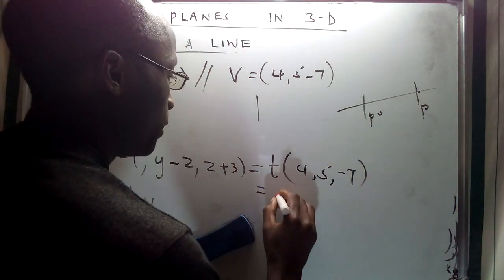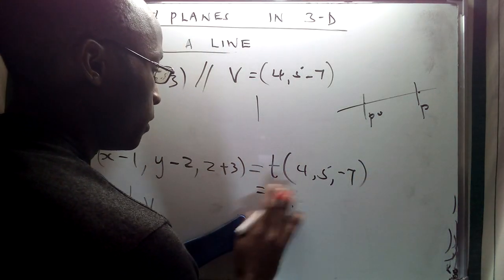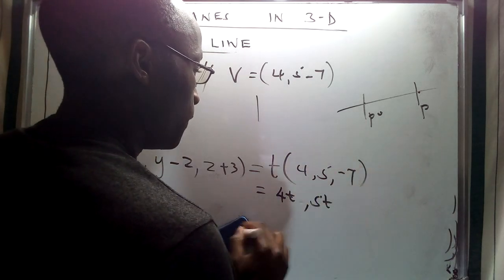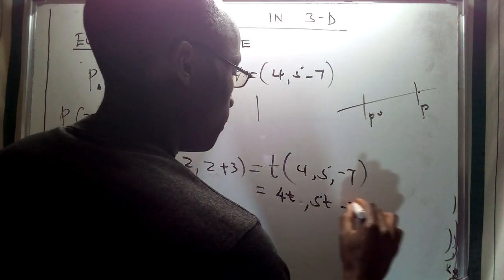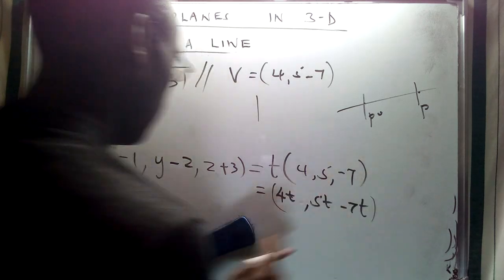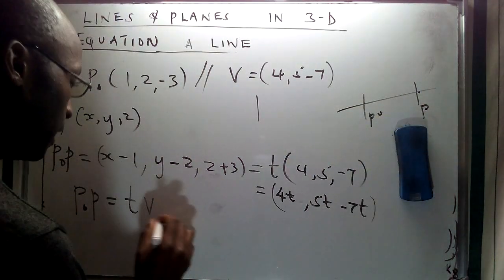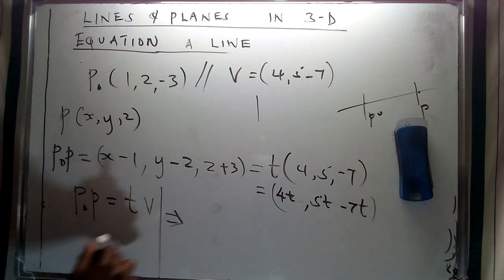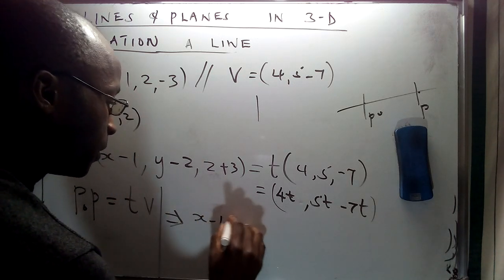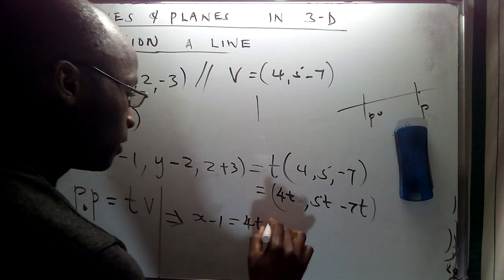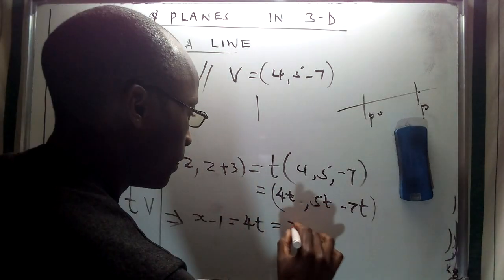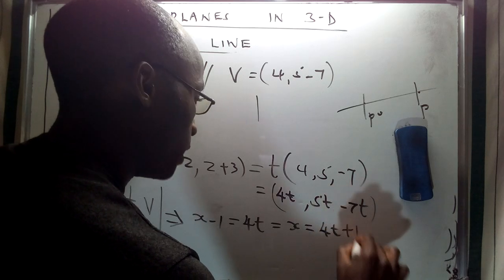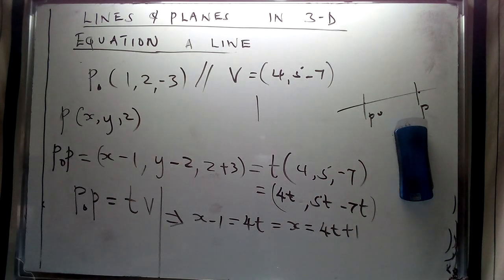So this is equivalent to 4t, 5t, and -7t on the other side. The value for x is obtained by equating x minus 1 to 4t, implying that x is equivalent to 4t plus 1. So that is the first case.